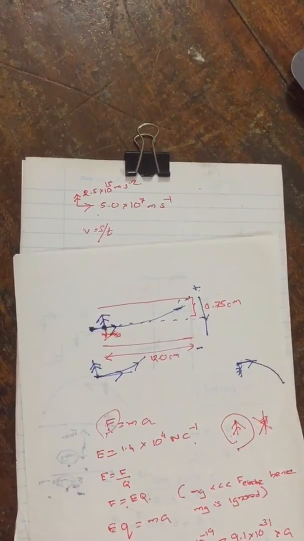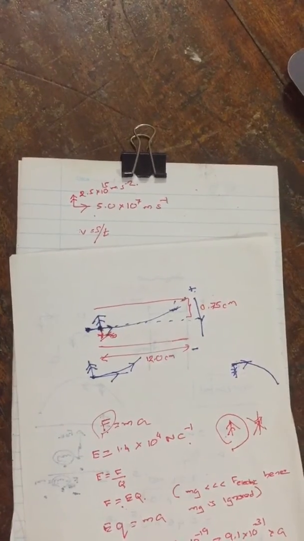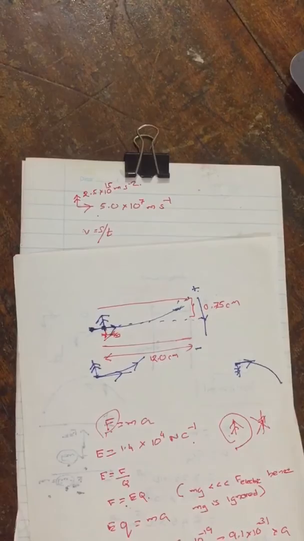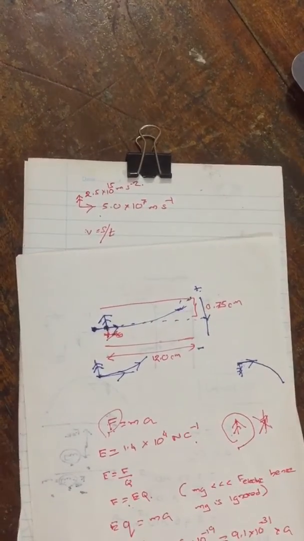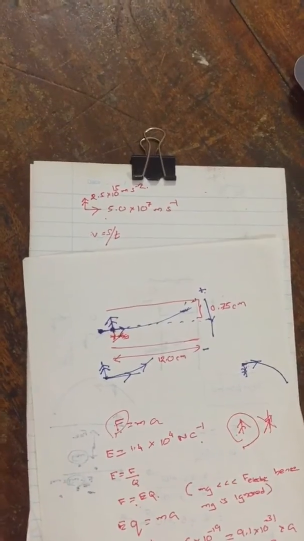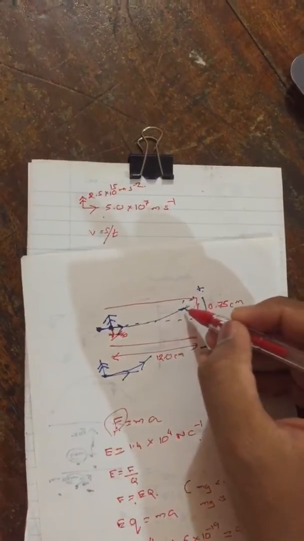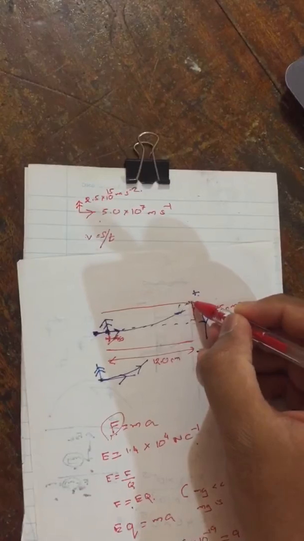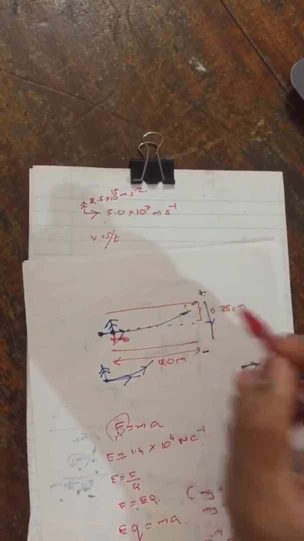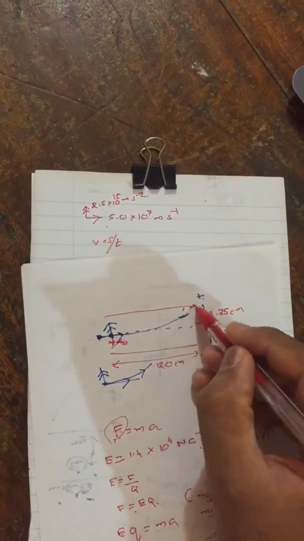The D part of the question, they're asking you to use your answers in C to determine whether the electron will hit one of the plates or emerge from between the plates. So basically they are posing this question whether the electron is going to hit the plate or is going to emerge without being hit. Okay, whether it's going to hit here.